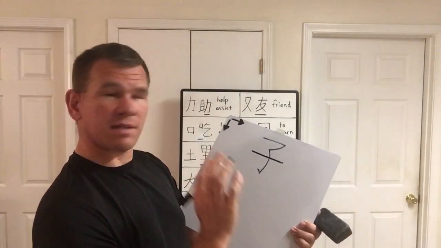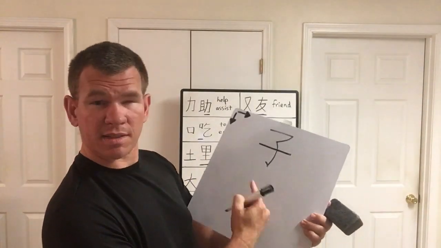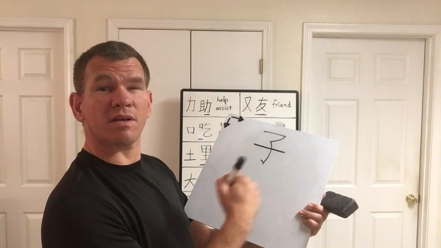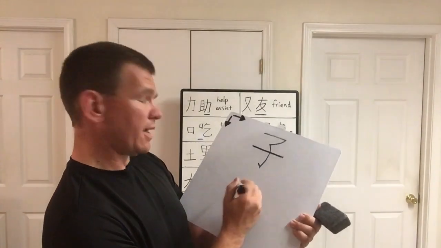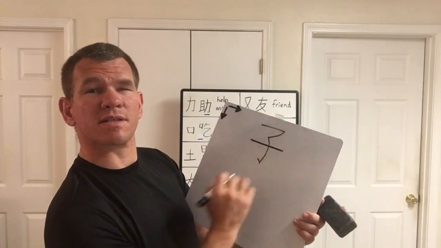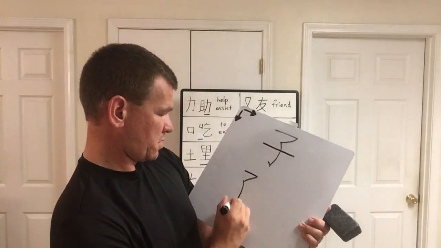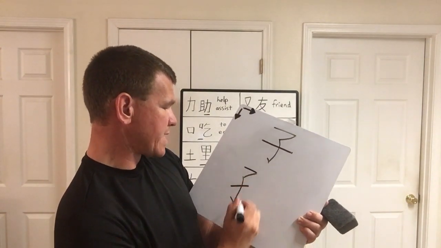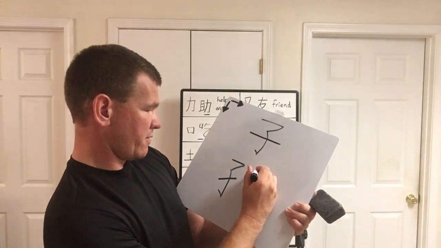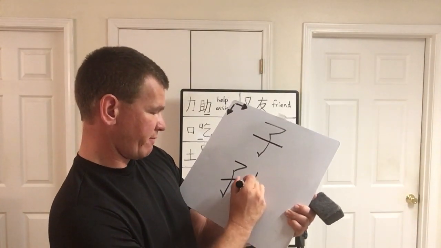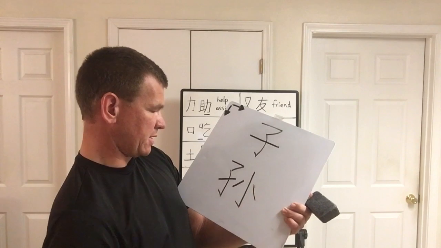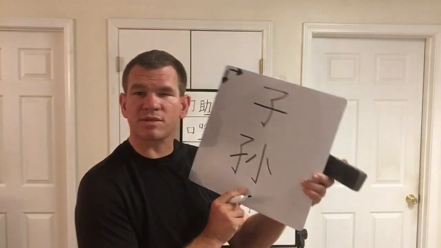Okay, now we're going to do another one. The sun character is going to be on the left, and it looks slightly different than this, and you'll see. 1, 2, 3. Okay, 4, 5, 6. This one is grandchild.